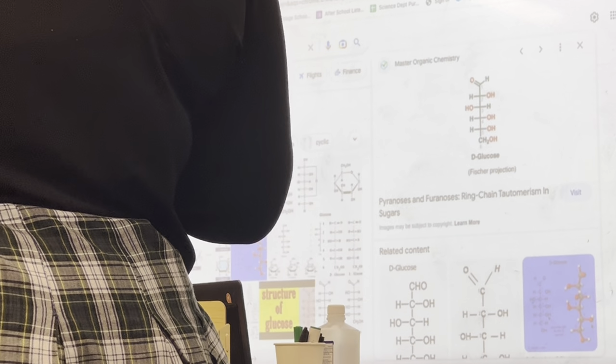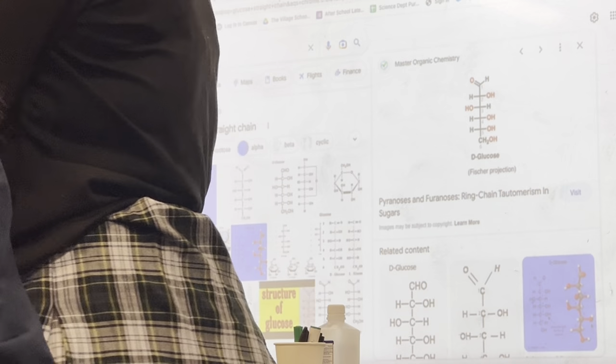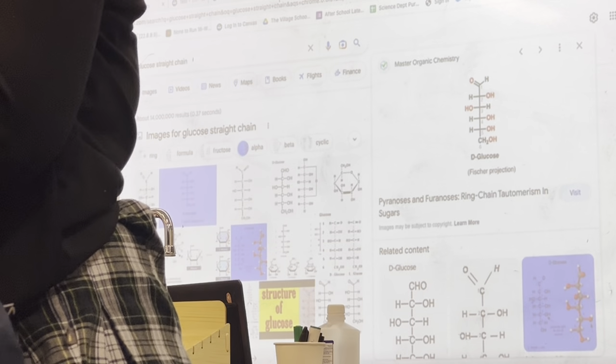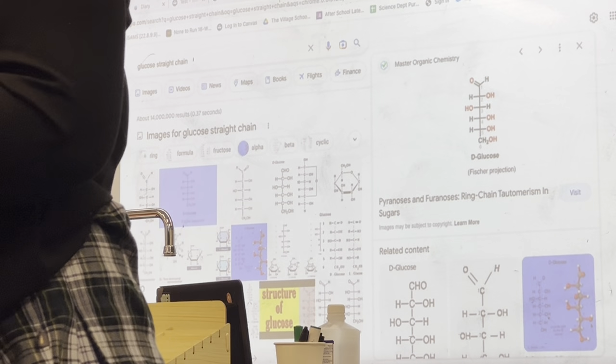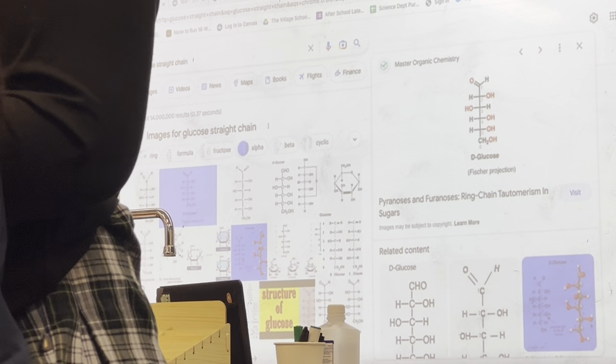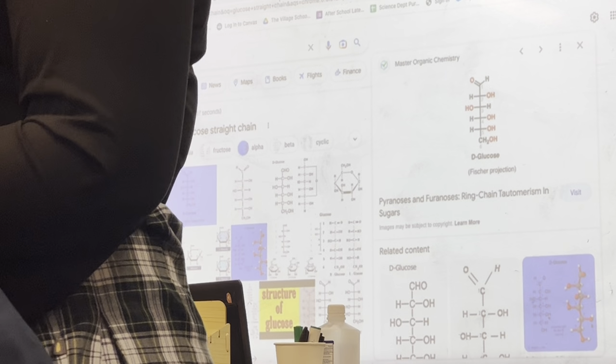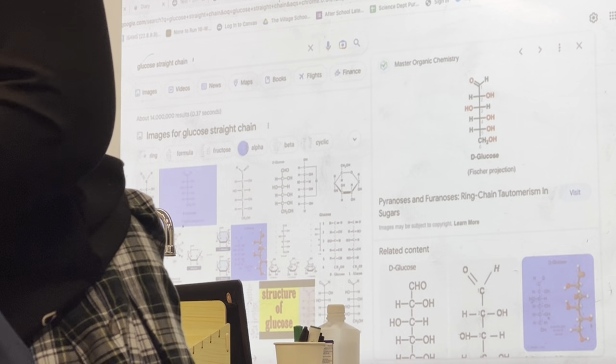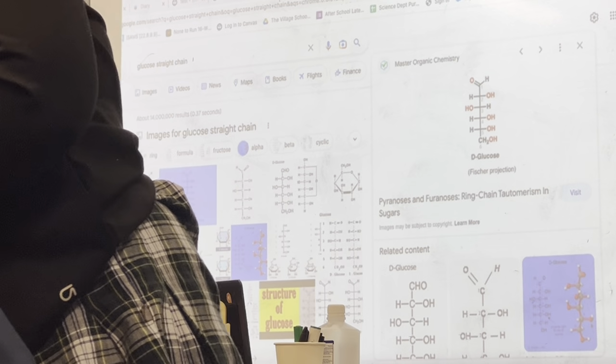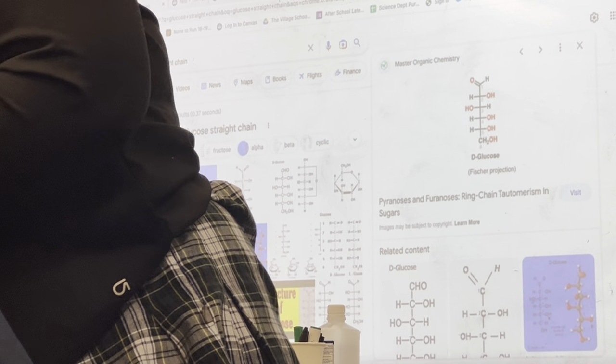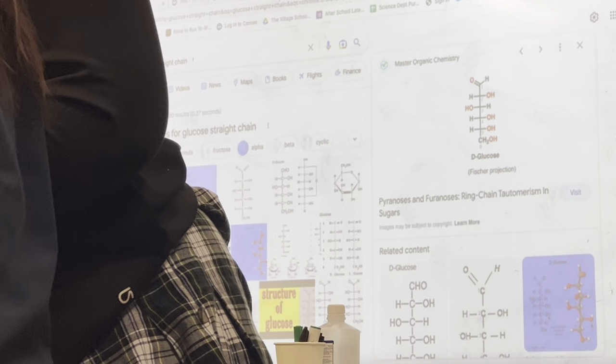Okay, so there's no more alpha. They're right there. Who took them all? You took all the dark blue. We can use the big balls for oxygen too. Oh, really? Okay.